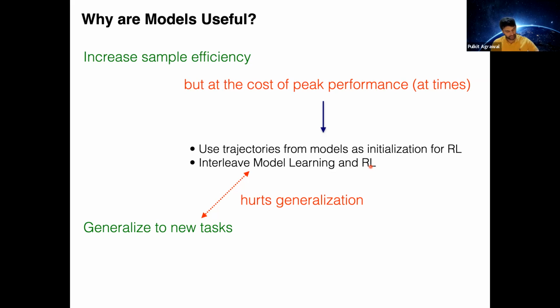So suppose those are two scenarios. Now, if I'm learning a model without the task, I get my dynamics model, I fix it, and then I just do RL with that model, or I do trajectory optimization with that model, that performance could be lower.